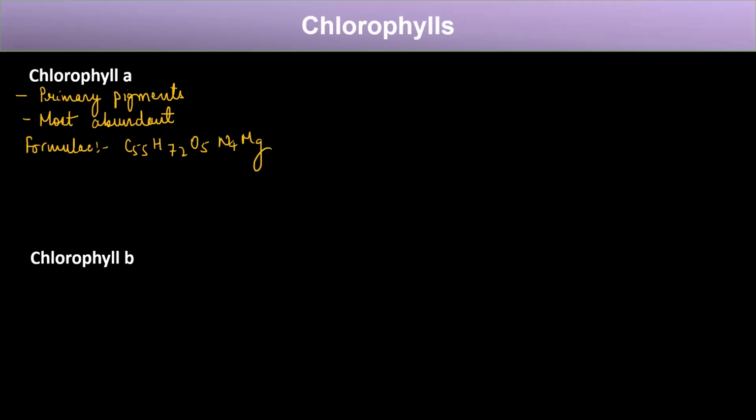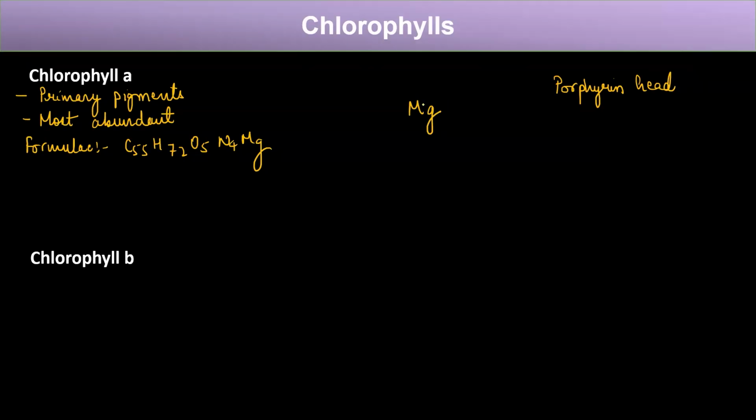The structure of chlorophyll consists of 2 parts. The first part is known as the porphyrin head. What does the porphyrin head consist of? It consists of a central non-ionic magnesium element.